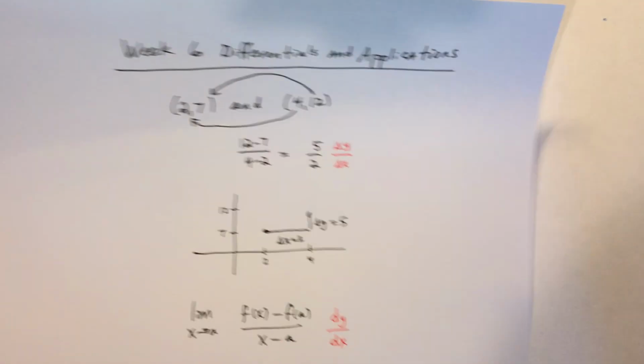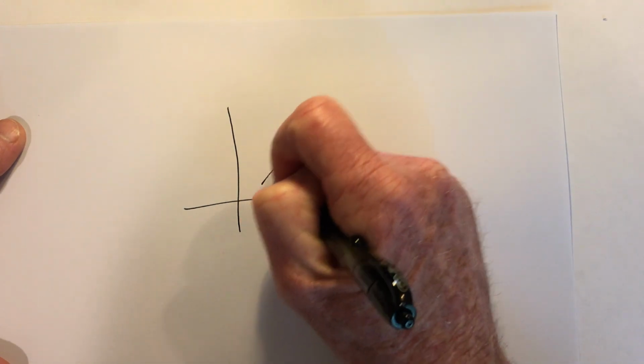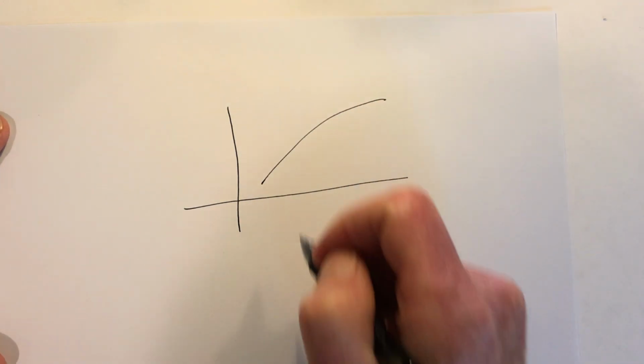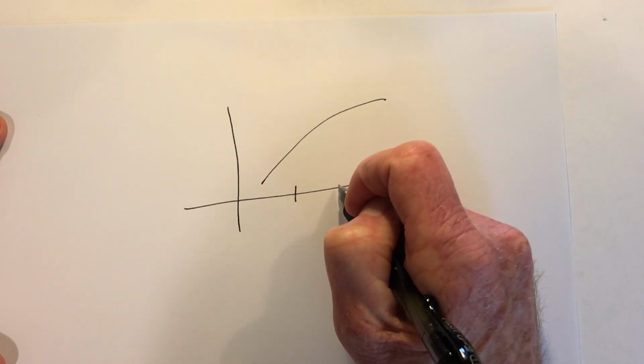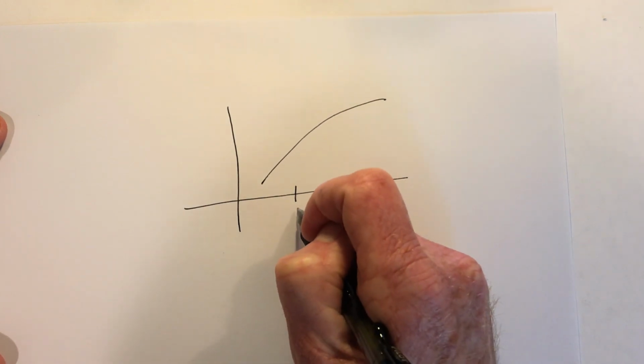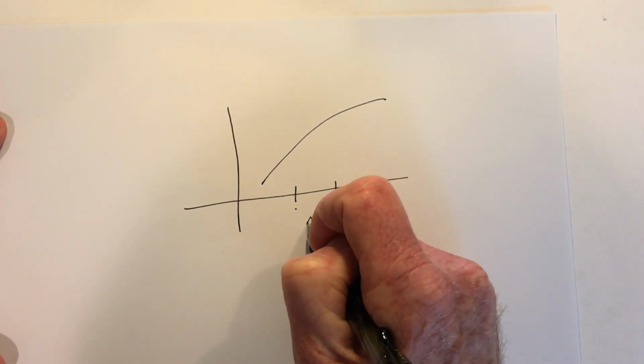So that deserves a whole new piece of paper. So the idea with the derivative is that you have this function, and then you start with a secant line, so you would go from one point to the next. And as you go from this point to this point, then the distance is delta x.